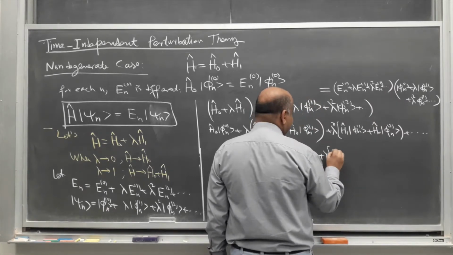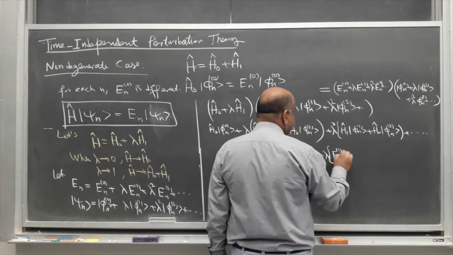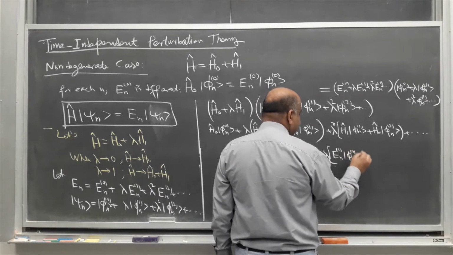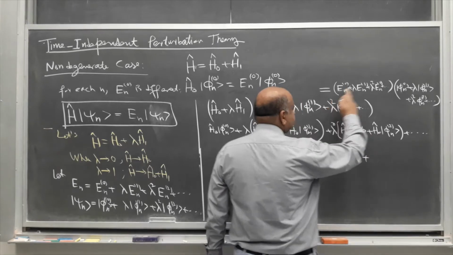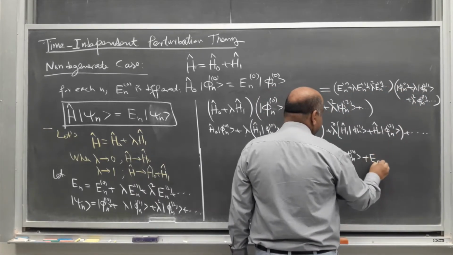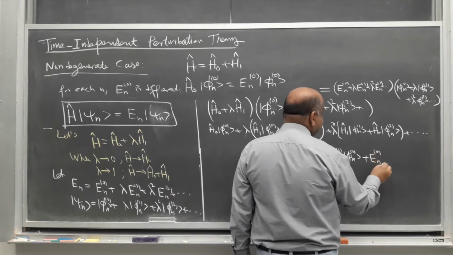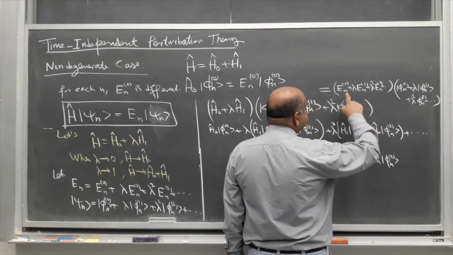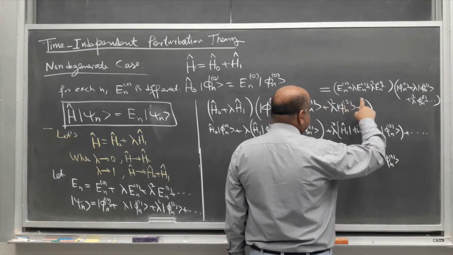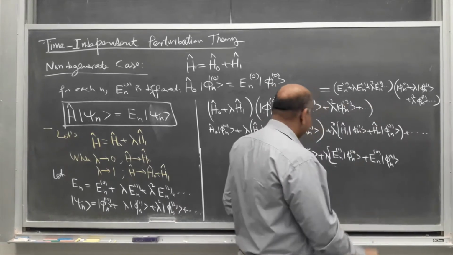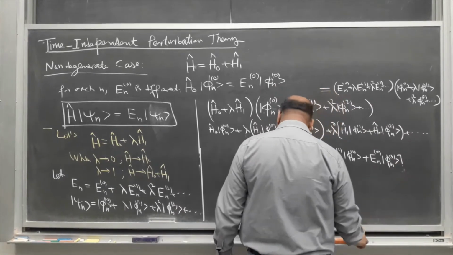We take lambda common because there are going to be other terms, En1 phi n0 plus this multiplies with this. I have lambda which is common outside, En0 phi n1. Then any other lambda term? No, okay.